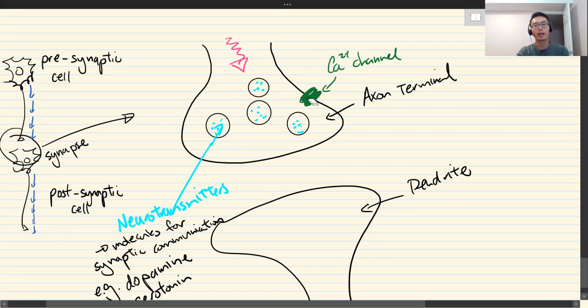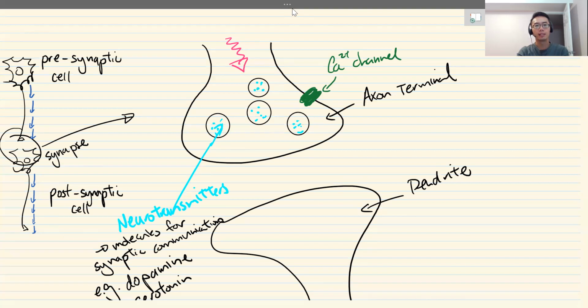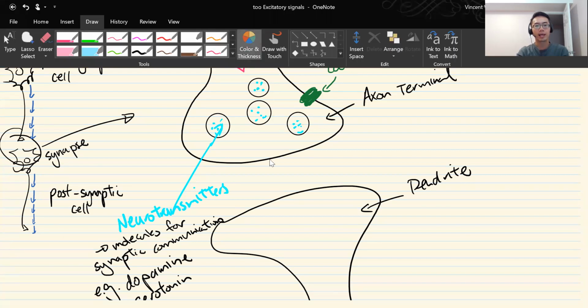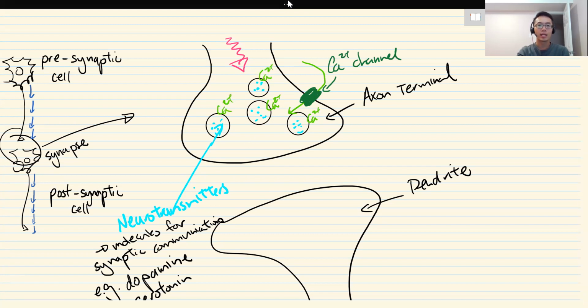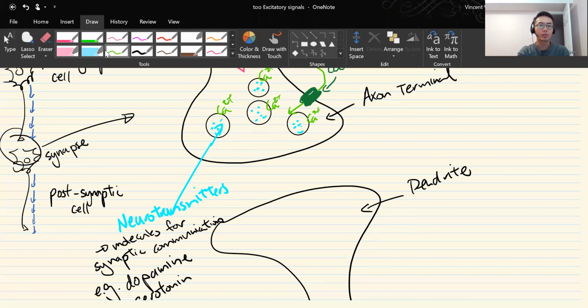Okay. So when the calcium channels open, then the calcium will come in, and then the calcium will bind to the vesicles and push the vesicles towards the edge.